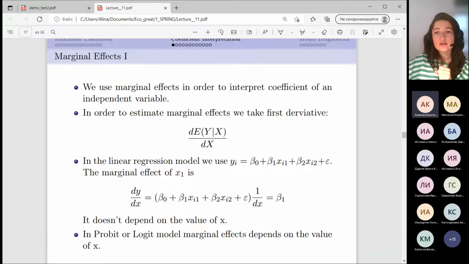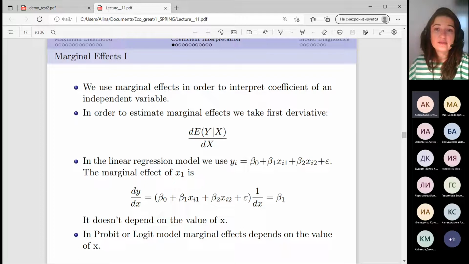Now let's talk about how we can interpret the results after the logit and probit models. The logit and probit models use the maximum likelihood method for finding beta parameters.